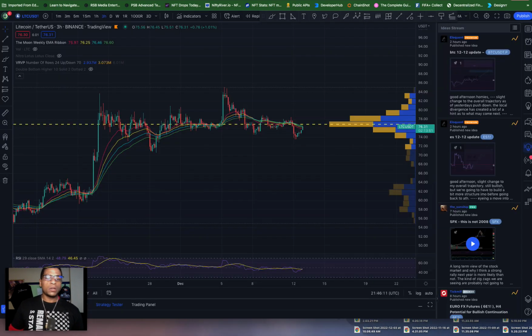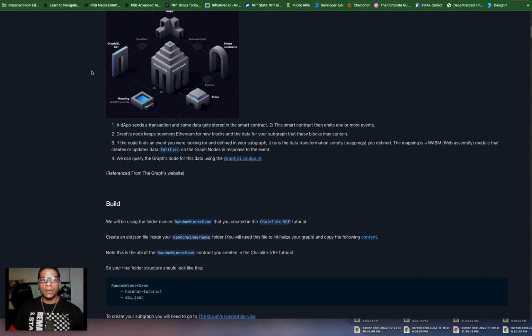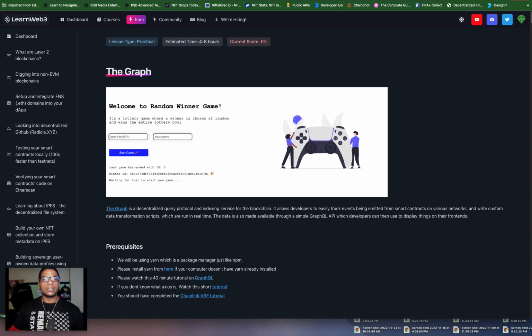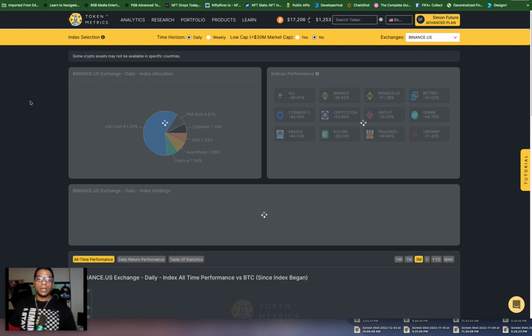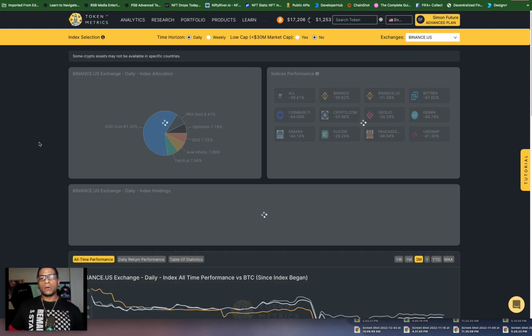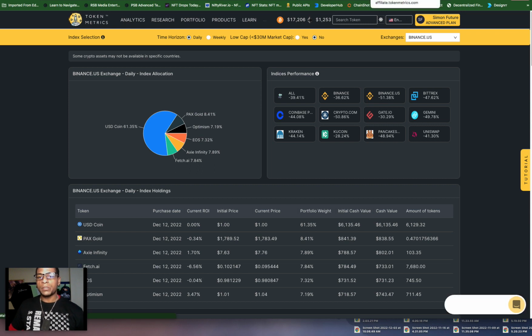So today we're gonna go over a little bit of TA on the Litecoin Tether pair. We're gonna go check out the Learn Web3 DAO, and for anyone that's interested in development, we're gonna check out some of the portfolios and how you can use Token Metrics for fundamental research as well as technical research.